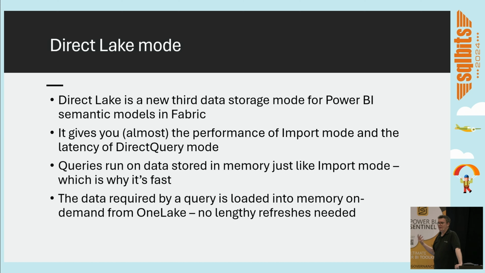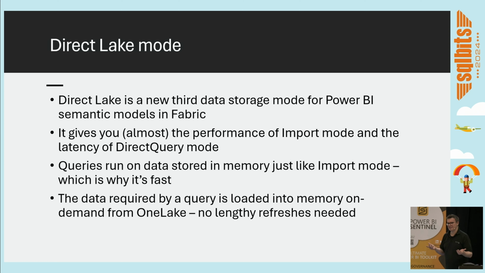What happens with direct lake mode is when you run your DAX query against the semantic model, initially the semantic model does not contain any data. You run your DAX query, and the semantic model says, oh, I need the data for this particular query. It then gets that data from OneLake and loads it on demand. It only loads some of the model. It doesn't need to load all of the model. It looks at the columns you need for your query, and it loads those columns into memory. So it pages the data in on demand.